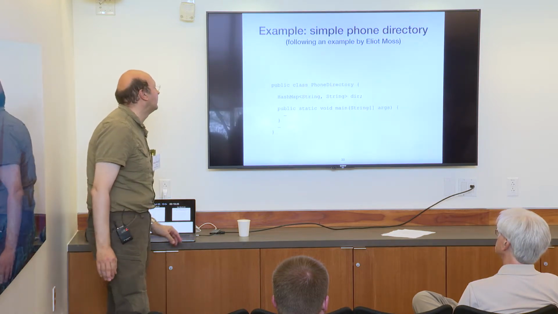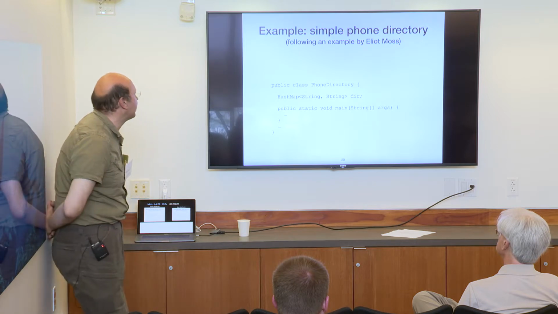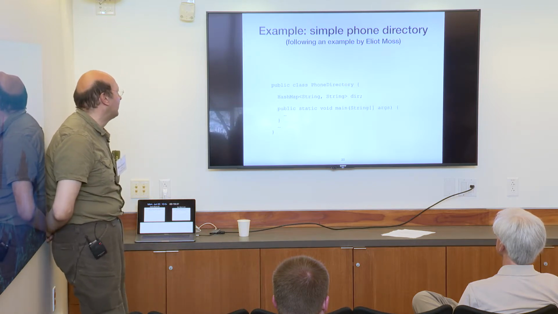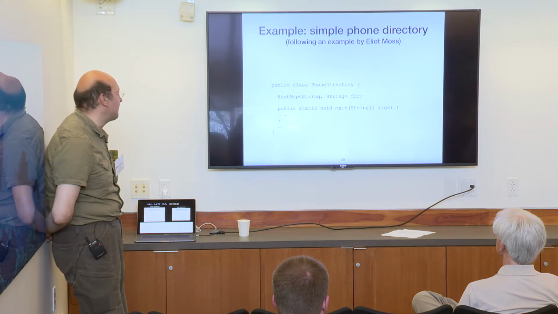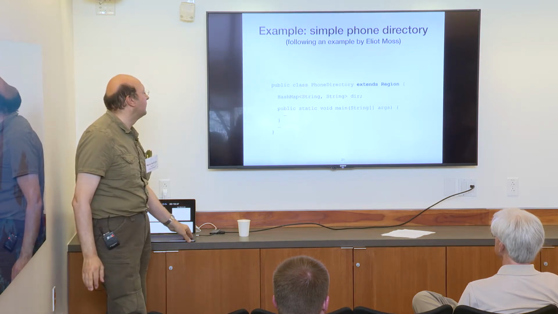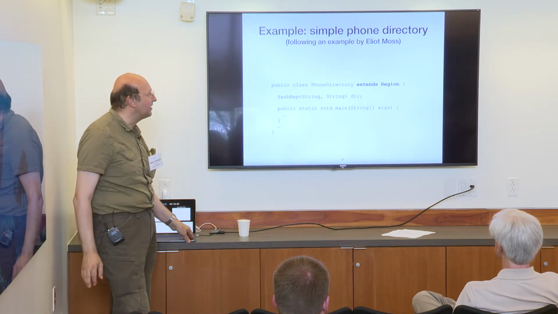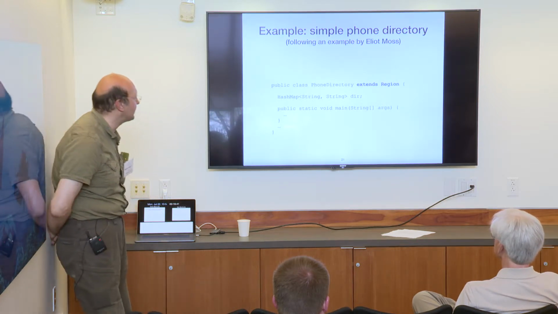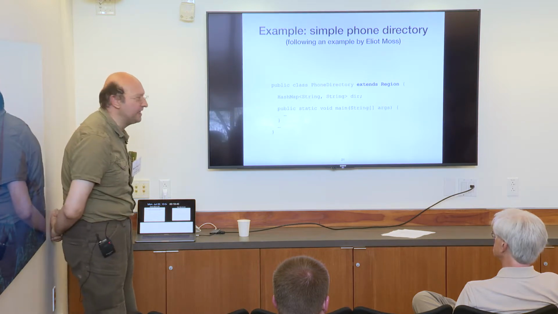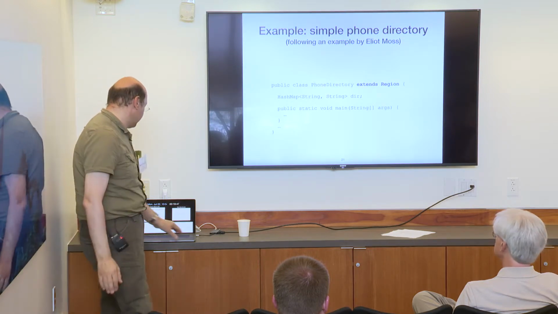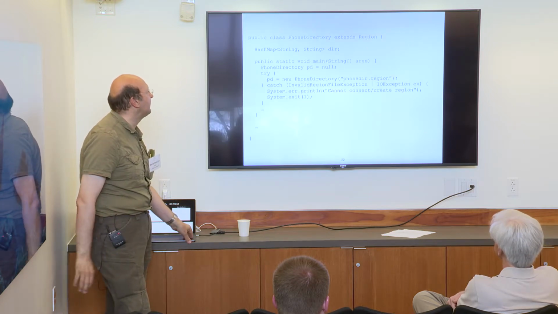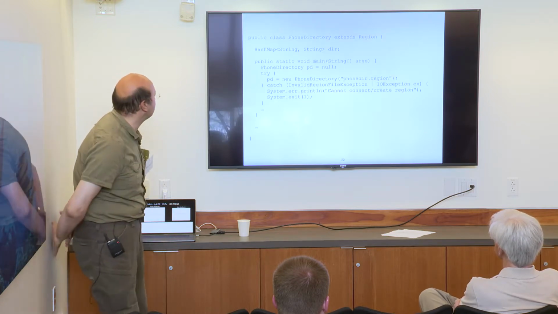So how does that look in practice with a toy example? Imagine we start with a simple implementation of a phone directory as a map from strings to strings. We can make it persistent by inheriting from region, and that basically now says that all of its fields become roots of the structure in that region. And then the main method would look perhaps something like this.